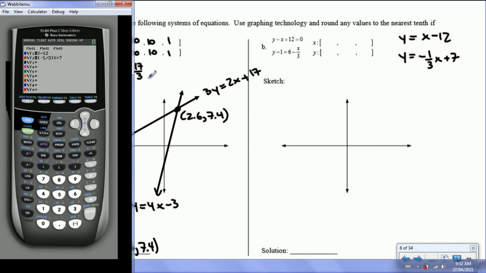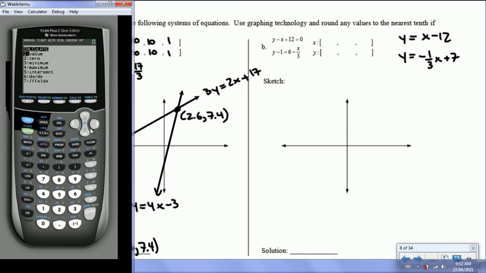Negative 1/3 x plus 7, that's what I was looking for. I thought that looked a bit suspicious. Let's see that. Now it might be better. Yeah, that's a bit more normal. So maybe I'll keep 25 as my max window setting.